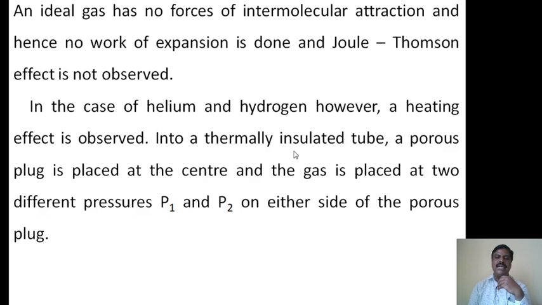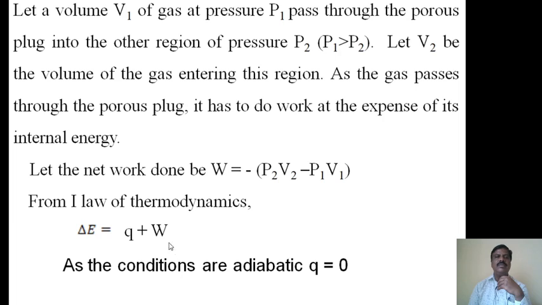Into a thermally insulated tube, a porous plug is placed at the center, and the gas is placed at two different pressures, P1 and P2, on either side of the porous plug. Let volume V1 of the gas at pressure P1 pass through the porous plug into the other region of pressure P2, where P1 is greater than P2.